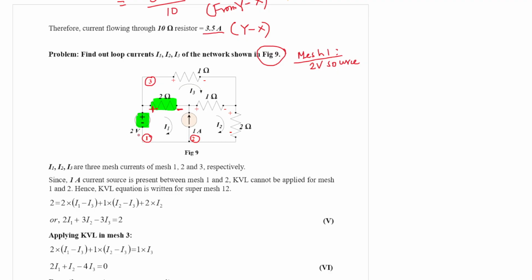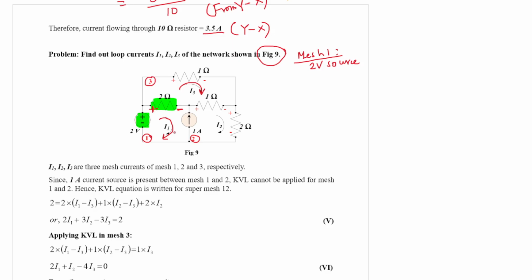If you look closely, 2 currents are flowing through this 2 ohm resistor. Please try to understand this fact. One current is I1, and another current is I3. They are called mesh currents.